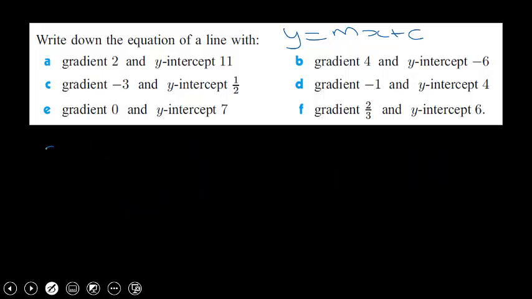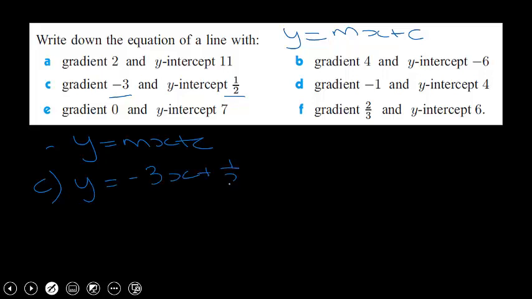Okay, so we're going with y equals mx plus c. For question C, the gradient is minus 3 and the c is positive a half. So y equals minus 3x plus a half. For D, y equals mx plus c.